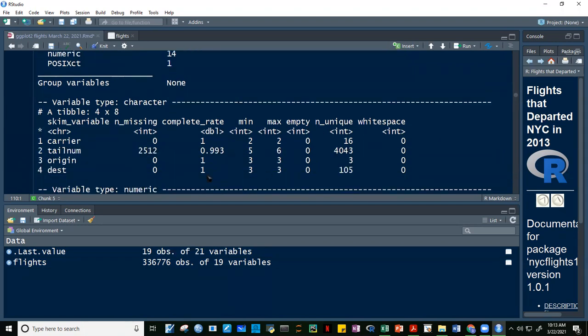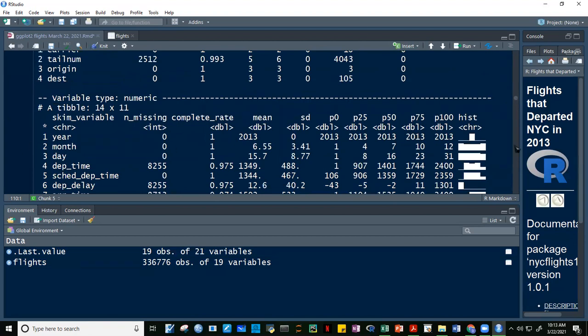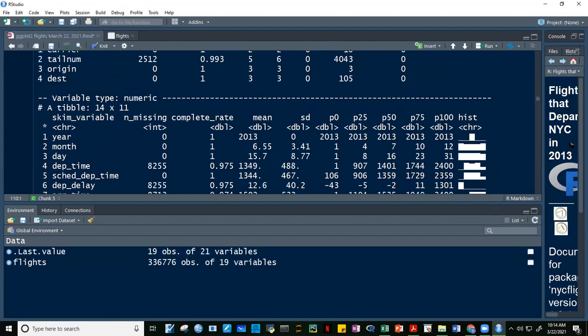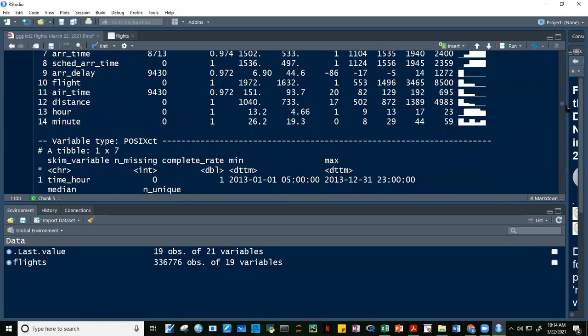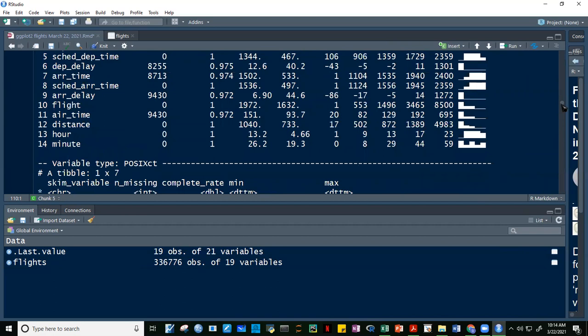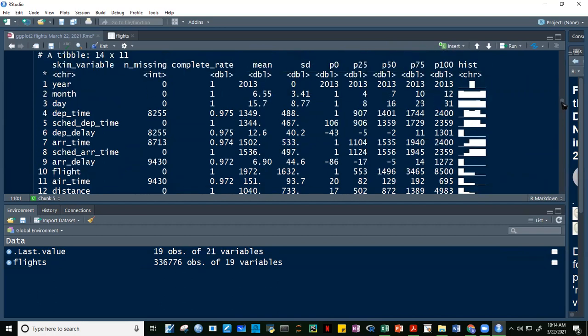And then we have a summary of the characters: carrier, tail number, origin, destination. So you have here some summary. The same goes for numeric. And what's good here is that it plots a histogram of our numeric variables. So if you look at this, it gives a histogram.